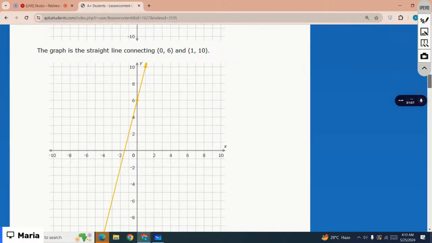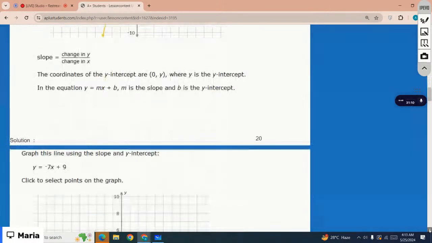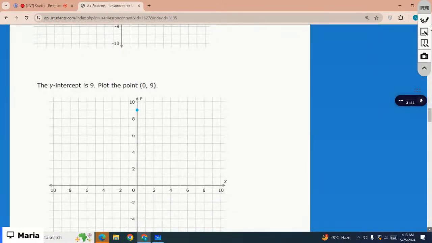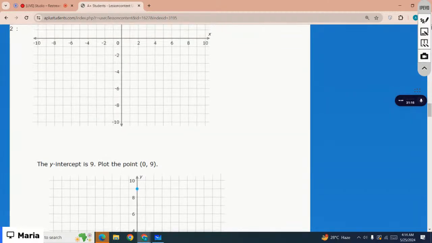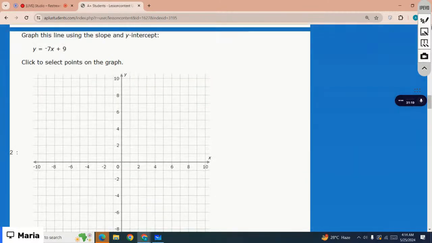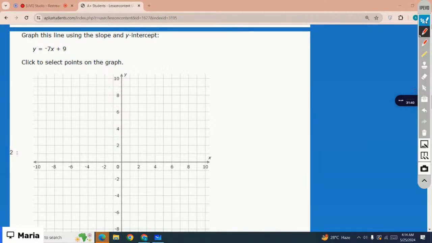Okay, the next example is y equals negative 7x plus 9. So m equals negative 7 and b equals 9. That is the y-intercept, x is 0, y is 9.